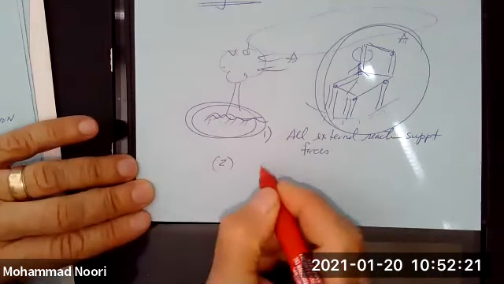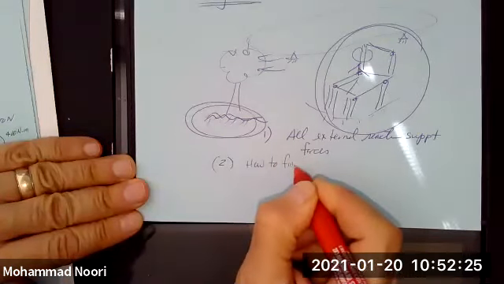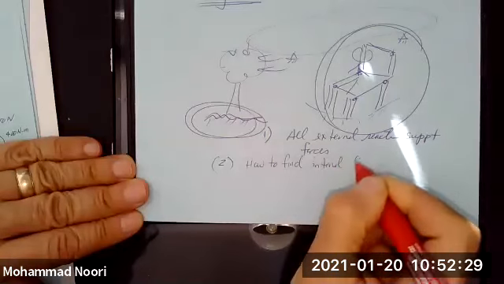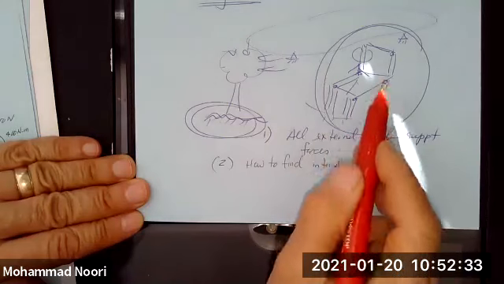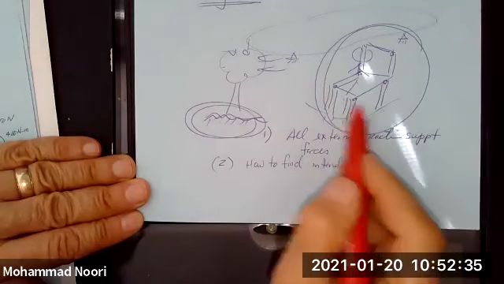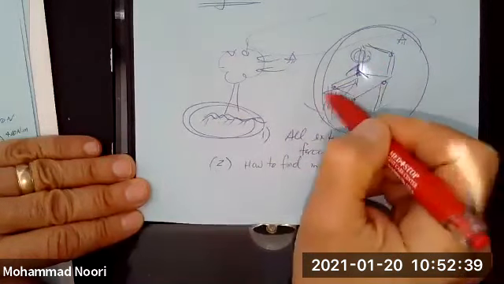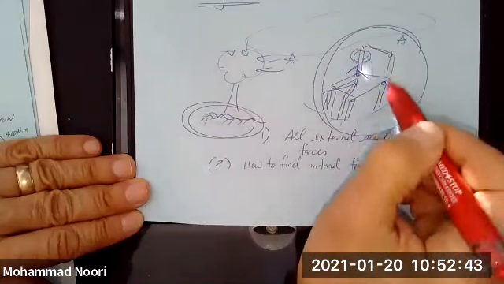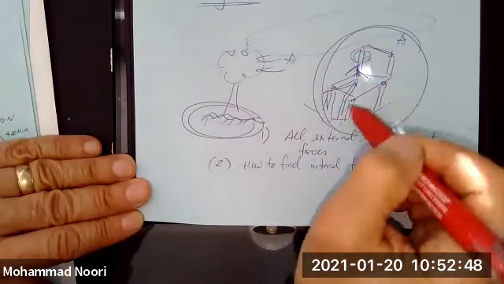The second objective is how to find internal forces. What does that mean? This chair is made of components that are welded together or bolted together or whatever. I want to know if you're sitting on this, so you're exerting a load on this chair, how much force is developed at the point of connection of these pieces?